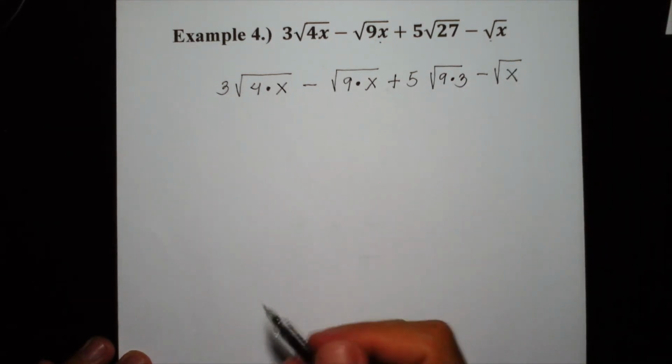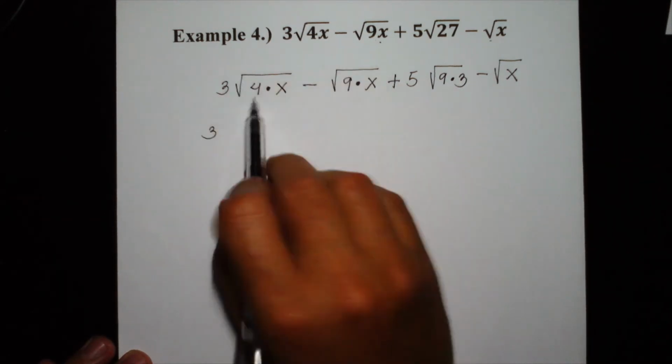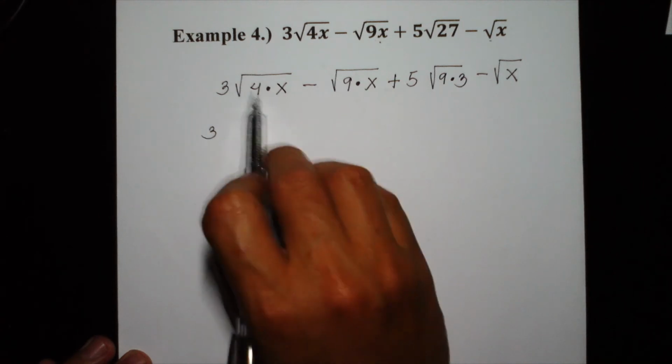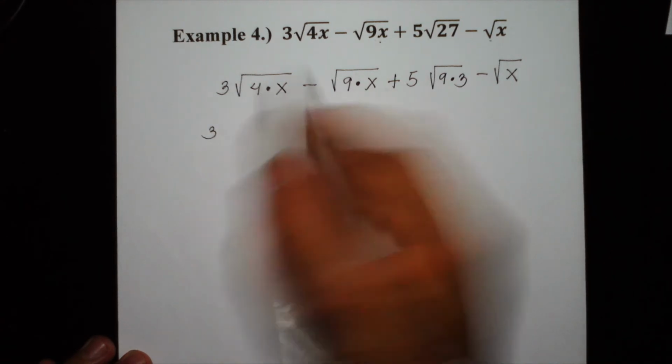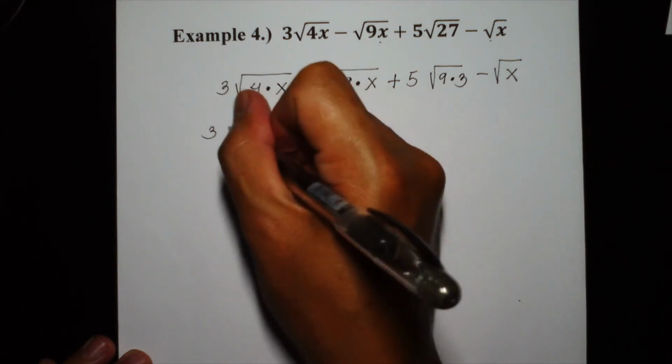Next, let's simplify the radical. So we have 3. Since square root of 4 is a perfect square, that will go outside. What will be the square root of 4? That will be 2.